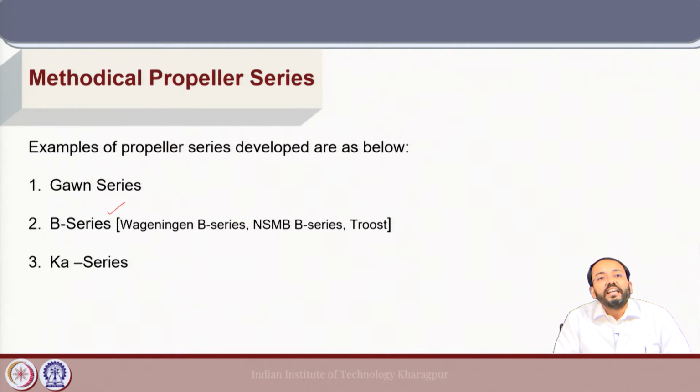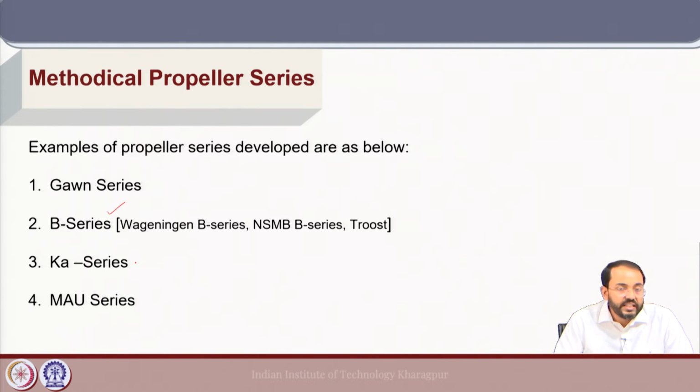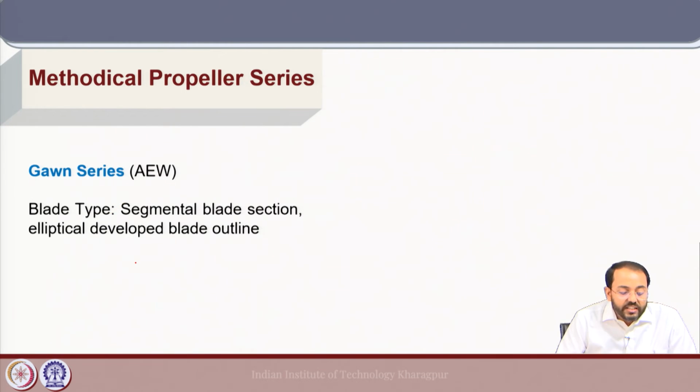KA series, it is the Kaplan series, also developed in MARIN and specifically used for ducted propellers. These aspects of KA series with ducts we will study under ducted propeller. And Mau series is a propeller series developed in Japan. So, we will briefly look into Gawn series and B series in terms of methodical propeller series here.